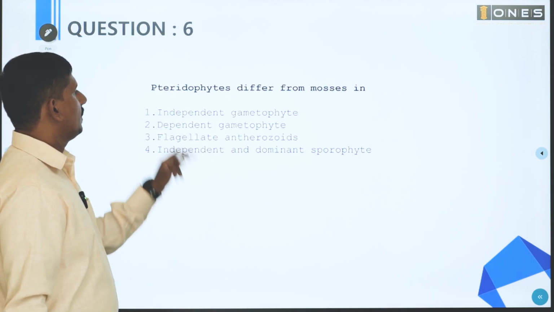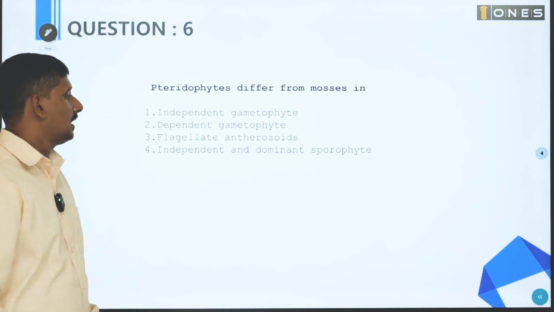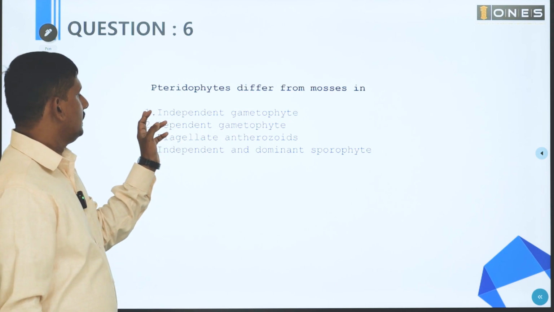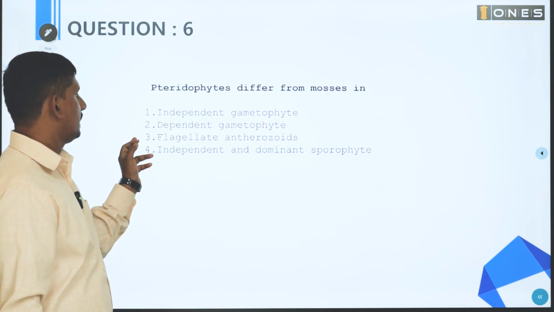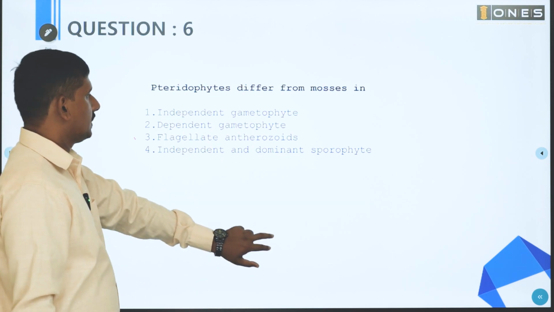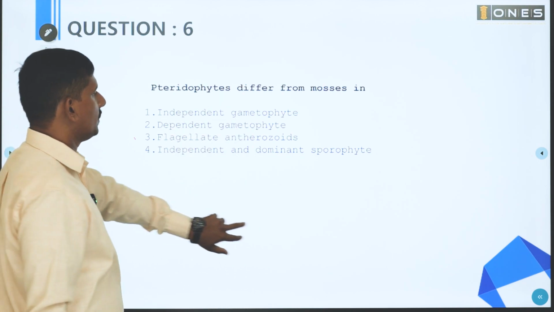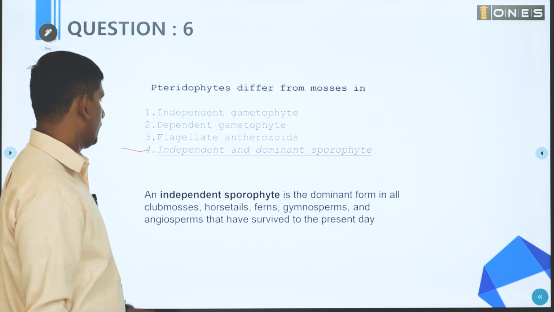The next one is, pteridophytes differ from mosses in. The options are independent gametophyte, dependent gametophyte, flagellate antherozoids, and independent and dominant sporophyte. The answer is independent and dominant sporophyte.